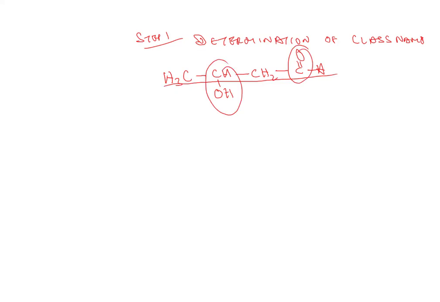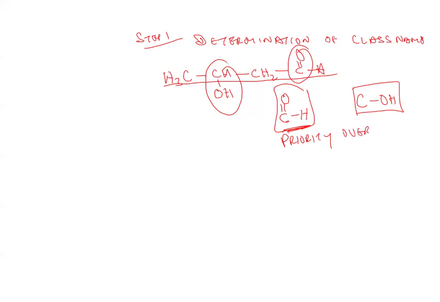In this, the functional groups are the aldehyde group, and we have COH, which is alcohol. Now we know from that list, this has the priority over COH. Therefore, our naming is going to end with al because it's aldehyde. This is the aldehyde functional group.